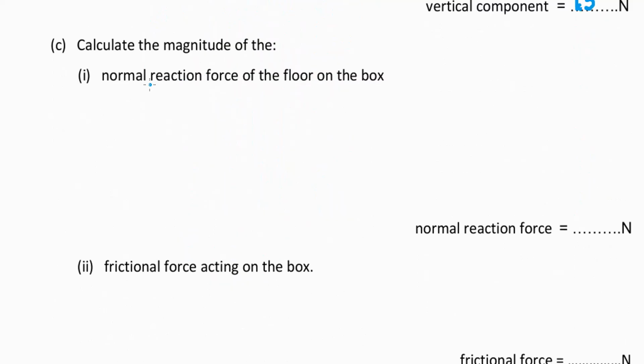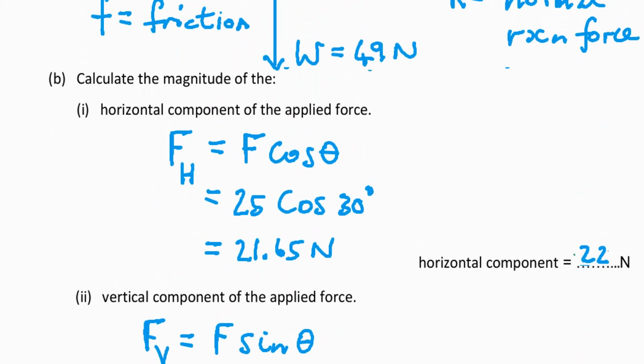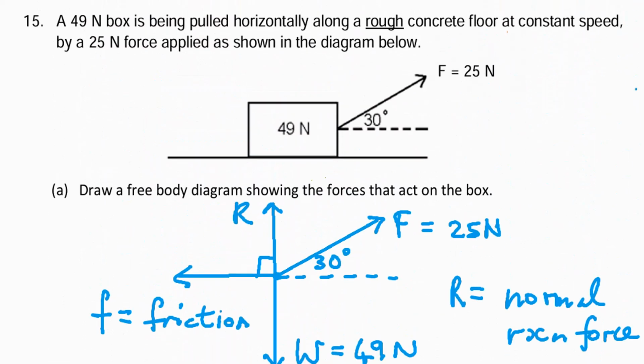Then in C1, we want the normal reaction force R. Now, what's important in this question is that we are told that the box is moving at a constant speed. And that tells us that the box is in equilibrium. So it means all the forces are balanced. All the forces acting on the box are balanced, and the resultant is 0. Now, in this case, we want the normal reaction force up.